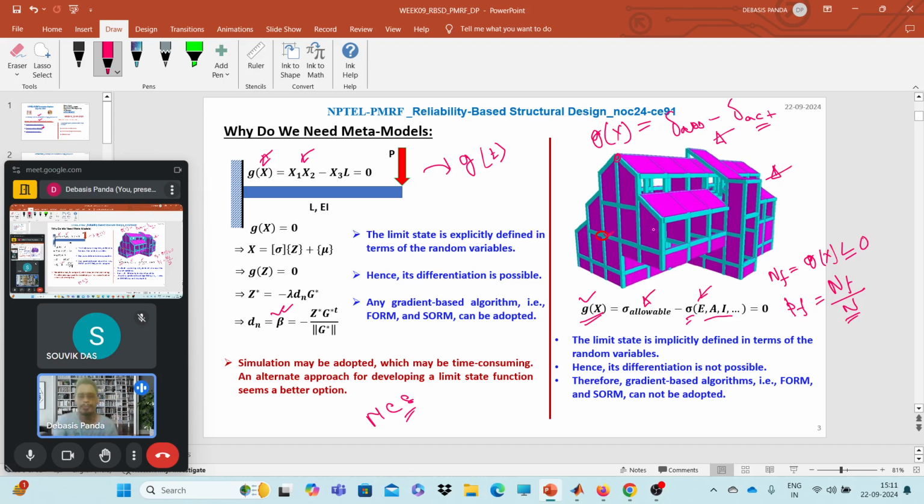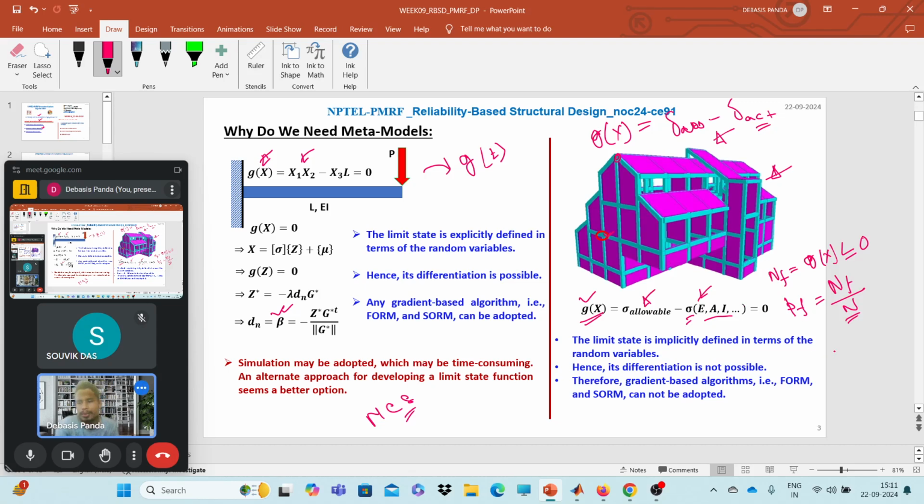So when the limit state is not defined explicitly, or we have an implicit limit state, we can use meta model based reliability analysis. That is the basic concept.